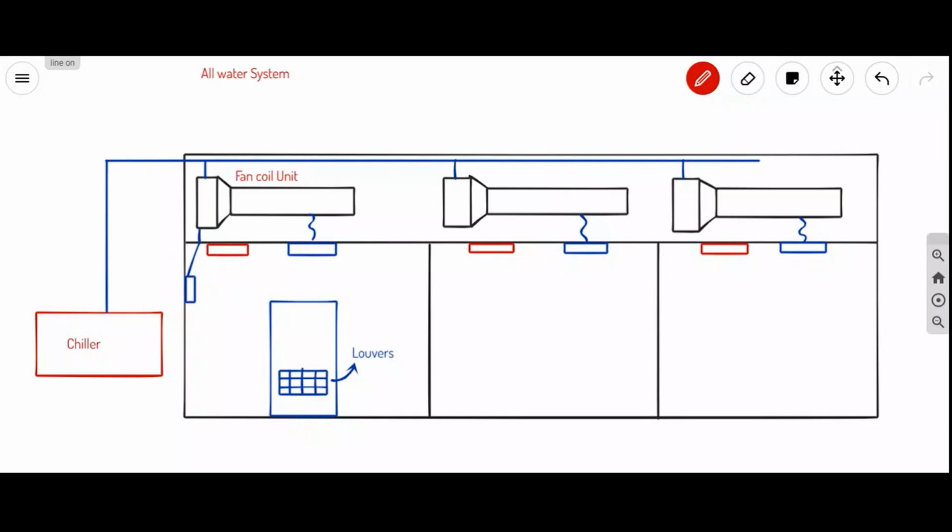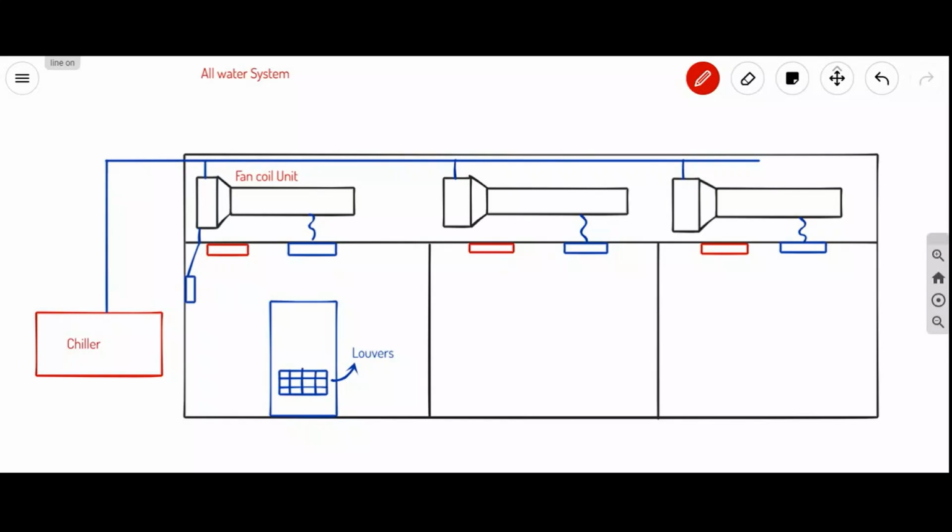There we have to use the all water system as well as the all air system. Both should be connected to the same chiller, and that system is called an air water system.